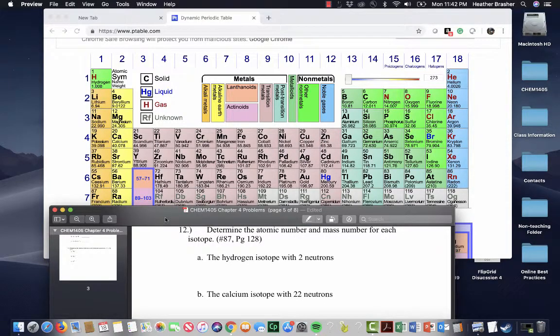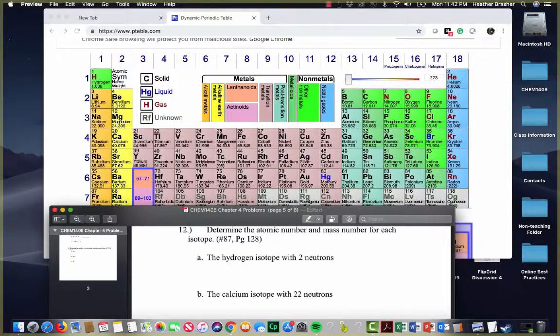So the hydrogen isotope with 2 neutrons. If you know how you write isotopes, you basically use the format A, Z, X. X is the symbol.